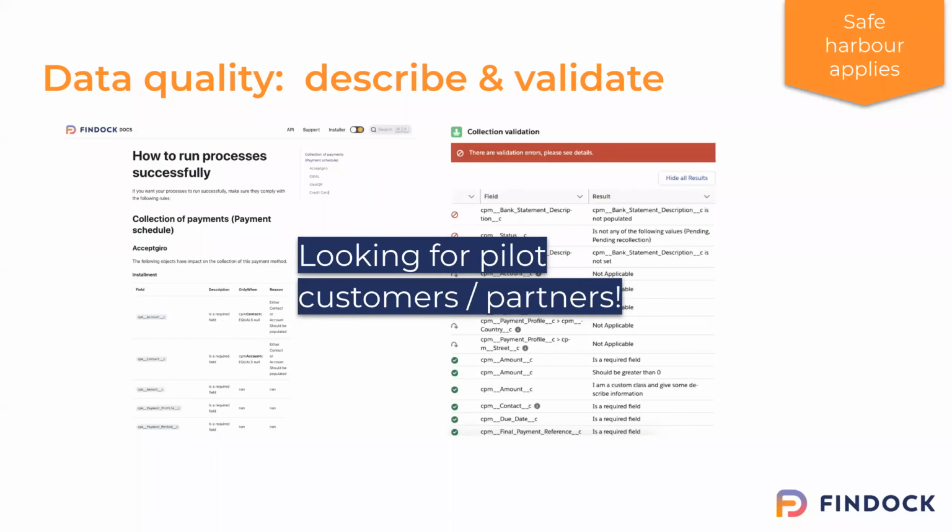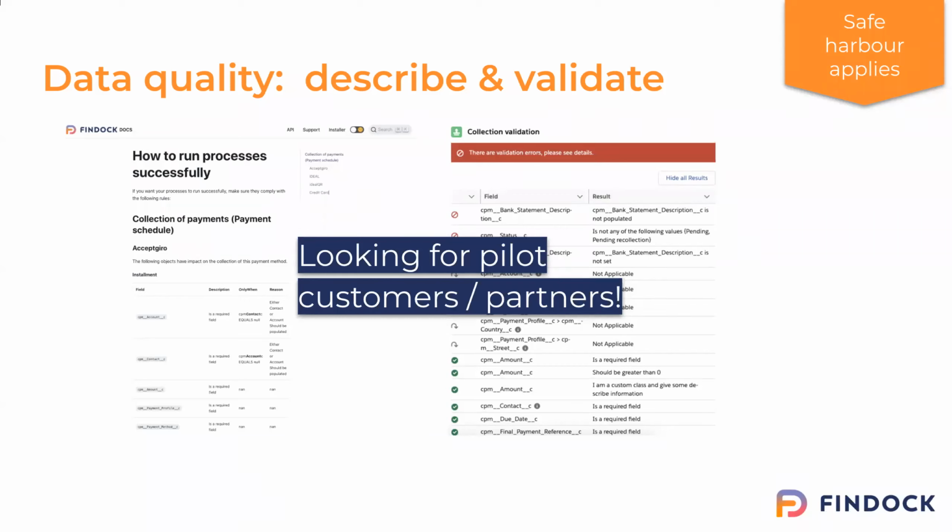So we are now experimenting and building a describe and validate service that models the data requirements, for example, for a SEPA direct debit pain.008 file, and then outputs on the left-hand side, as you can see, maybe a table or some documentation showing you those rules, but also helping you prepare data migrations.